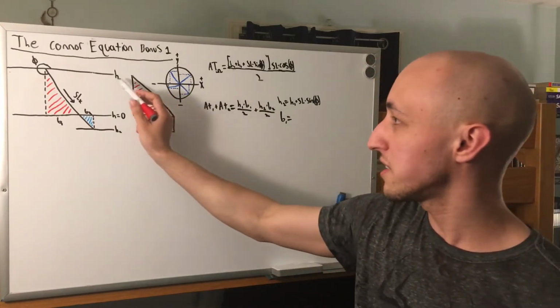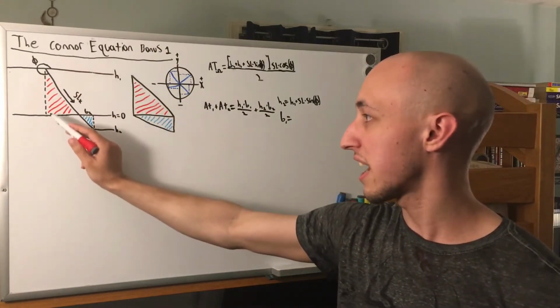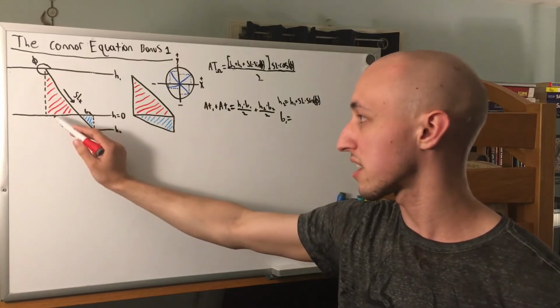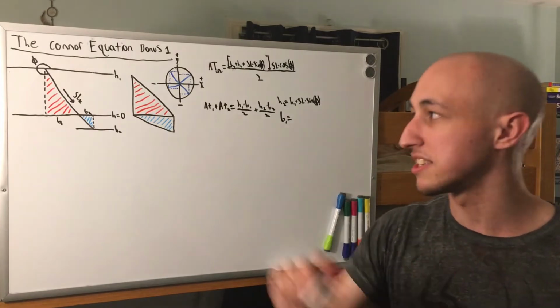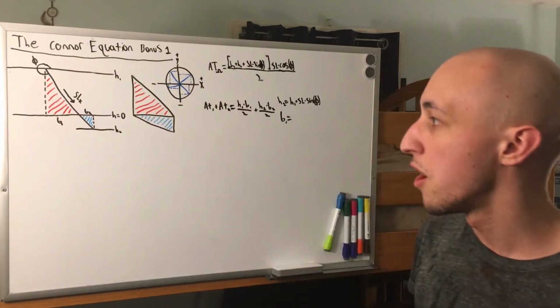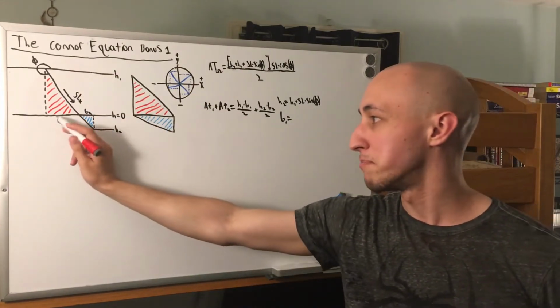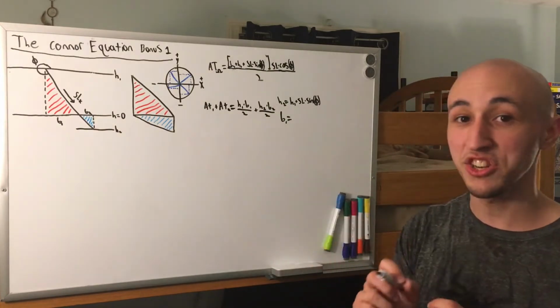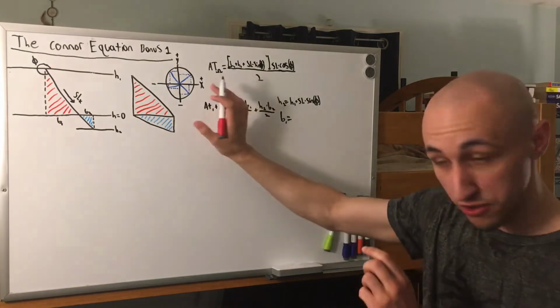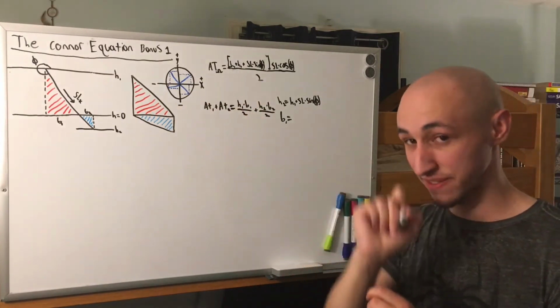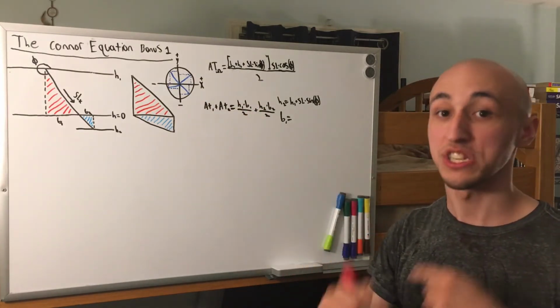If we take our H1, which is this height right here, and just that height, and multiply that by the cotangent of phi, we should get B1. The cotangent of an angle equals, in the unit circle, the x value over the y value, which is the opposite of tangent.